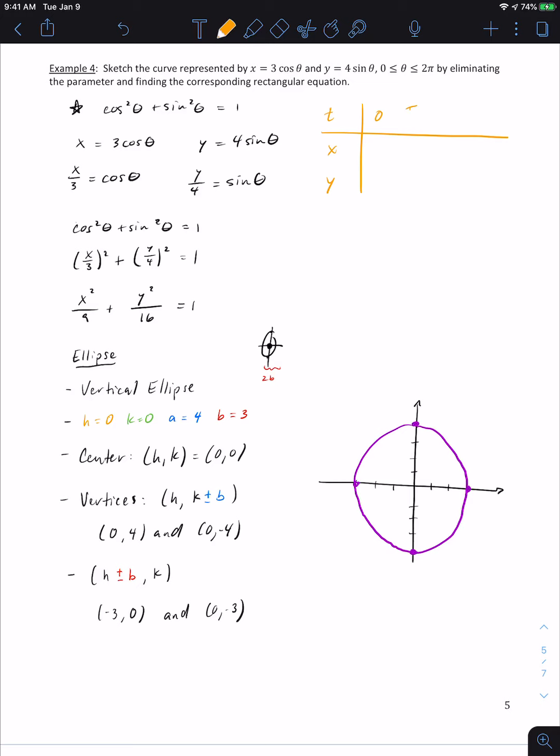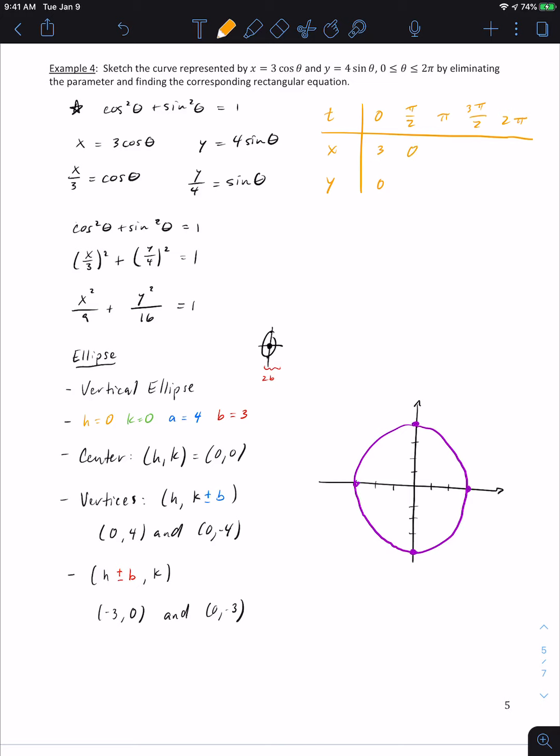Let's look at pi over 2, pi, 3 pi over 2, and 2 pi, right? Because those are kind of the whole number values for our angle. So if I did this, cosine at 0 is 1, so I'd get 3. Sine at 0 is 0, so I'd get 0. Cosine at pi over 2 is 0.